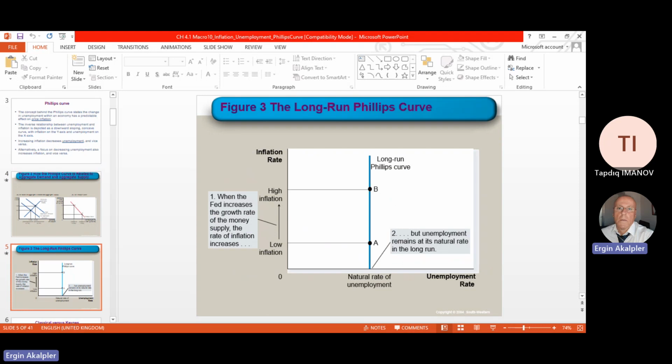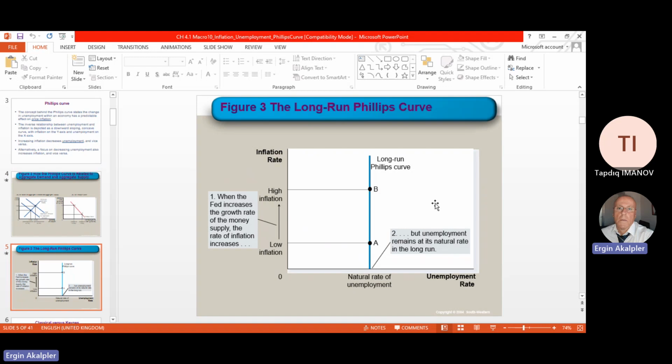When we are looking to the long run Phillips curve, I have already explained, this is only effective in the short run. In the long run, it is supposed that inflation, or rising prices, does not affect or change the unemployment rate. This is because it is supposed that there is a natural rate of unemployment.